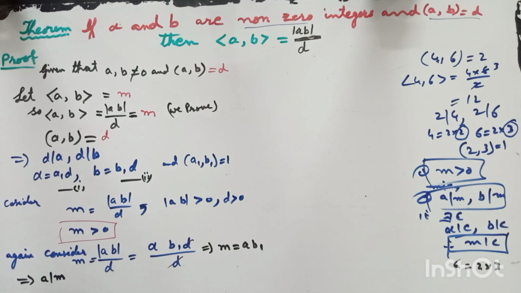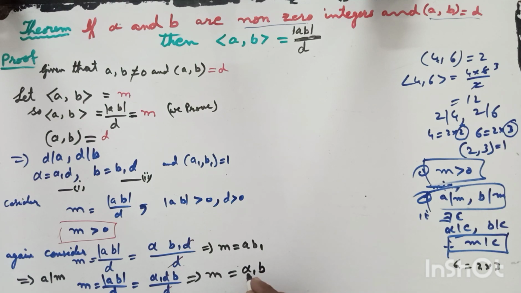Now again consider M equal to ab over d. Plug in the value of a here. What is a? It is a1 d, and over d, so I can cancel d with d. The answer is M equals a1 b.